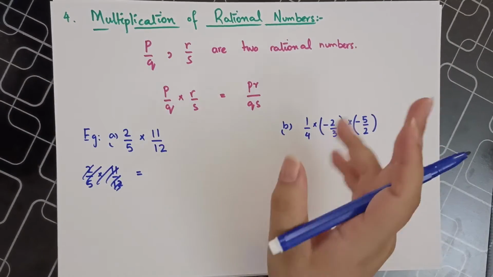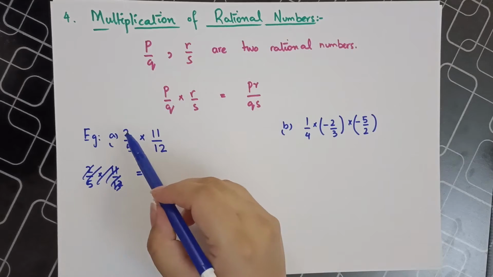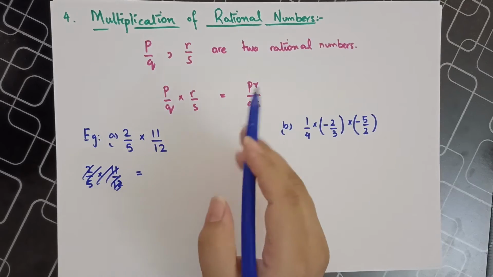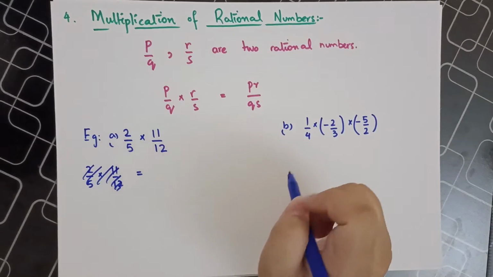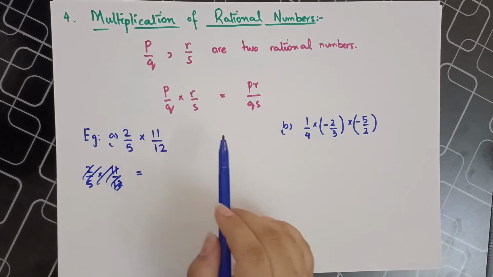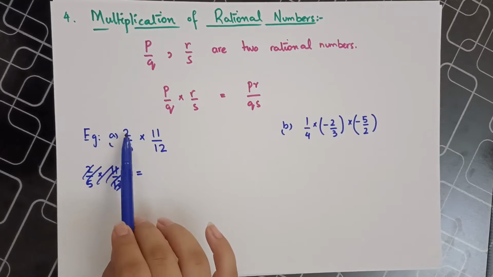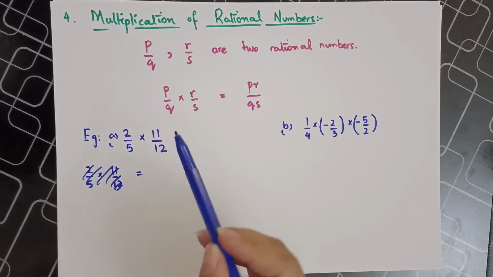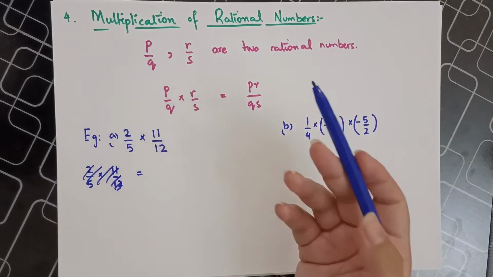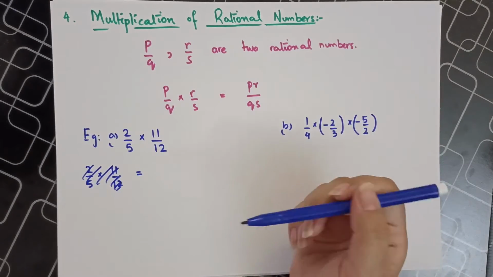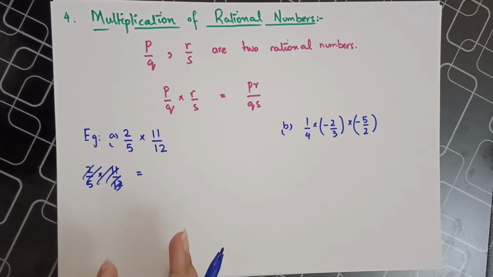Now let's have a look at the first example, which is 2 upon 5 into 11 upon 12. Here this is the first fraction, 2 upon 5, and this is the second rational number, 11 upon 12. In these fractions, if division is possible between the numerators and denominators, it can be done.